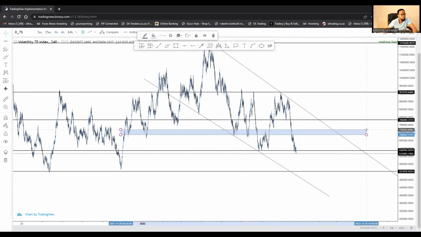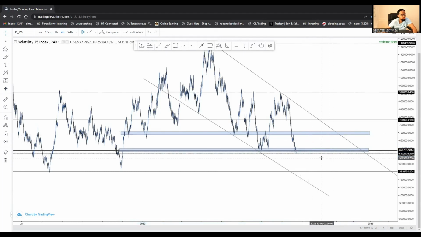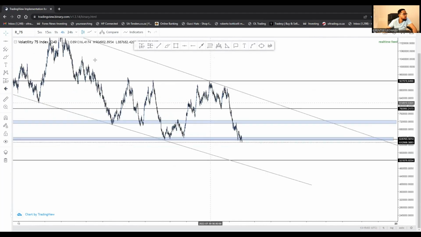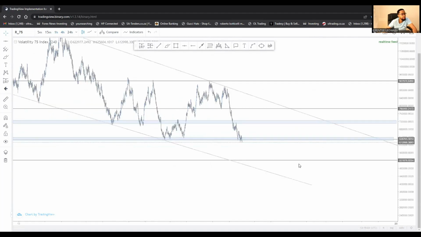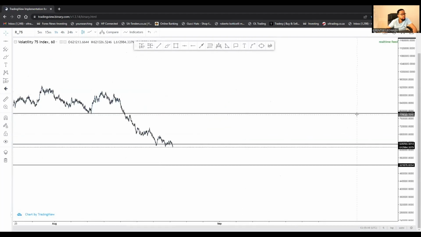So basically now I can see that we are below this sensitive area or zone as well.